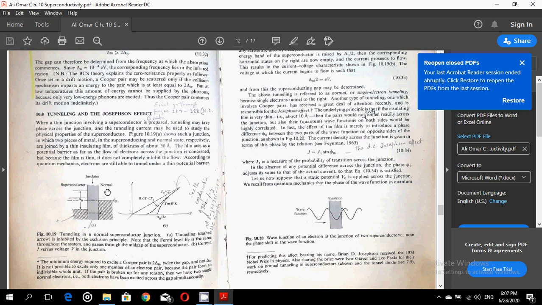So, in figure 10.19, tunneling in a normal superconductor junction, this is figure A, the dashed arrow is inhibited by the exclusion principle. Okay, let us go through the text and then you will focus on this tunneling.